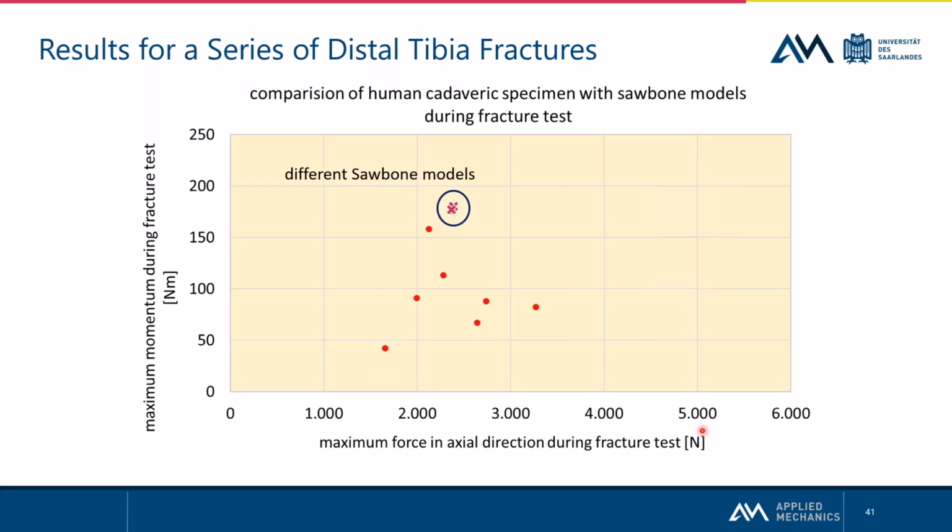We also tested this with some different sawbone models. These are composite bones, and they're really close to each other, and the large scattering of the human specimens is caused by different ages, diseases and different material properties of our bones.